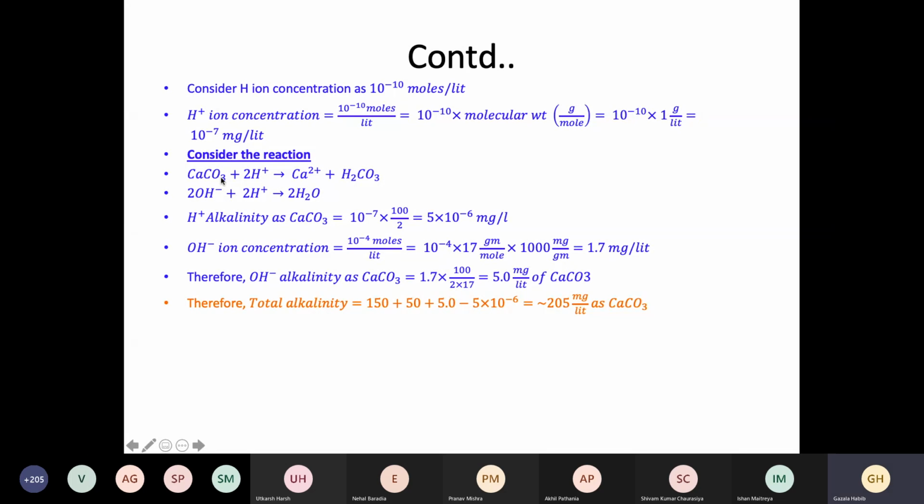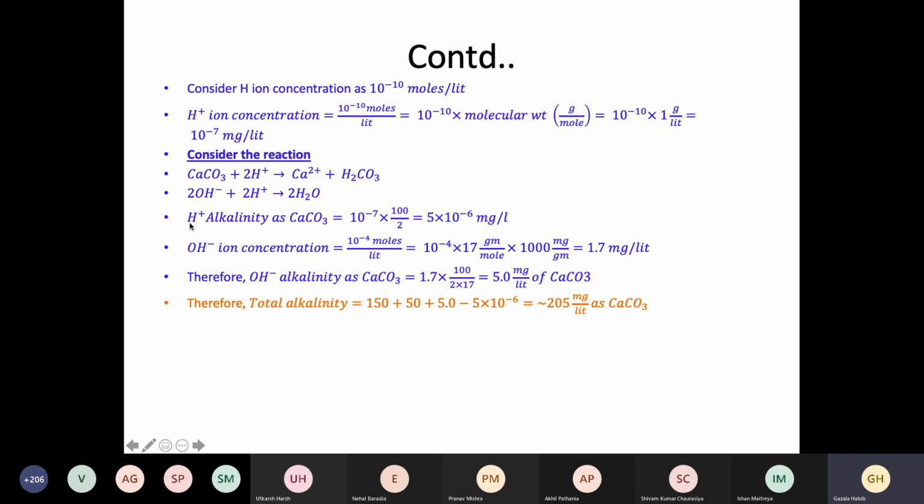Now, what would be the reaction between H plus ion and calcium carbonate if present in water? Calcium carbonate plus 2H plus will give you Ca2 plus and H2CO3. And 2OH minus plus 2H plus will give you 2H2O.